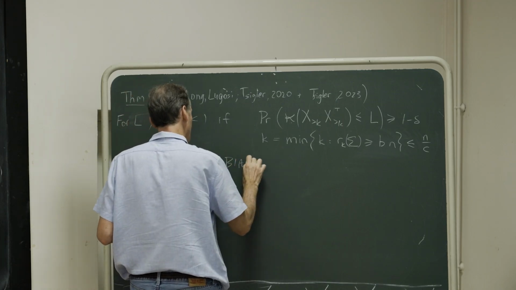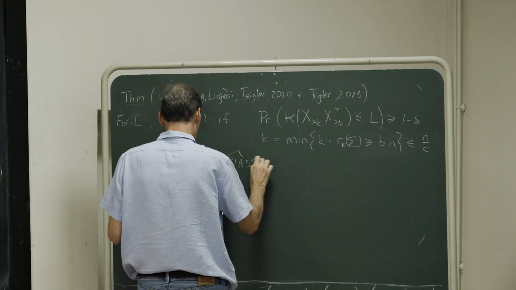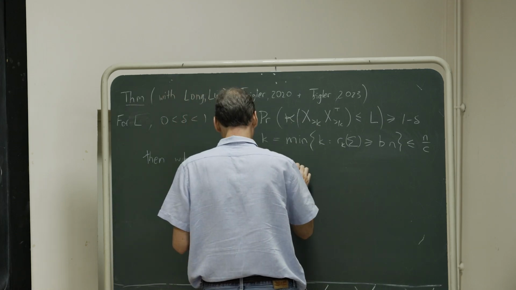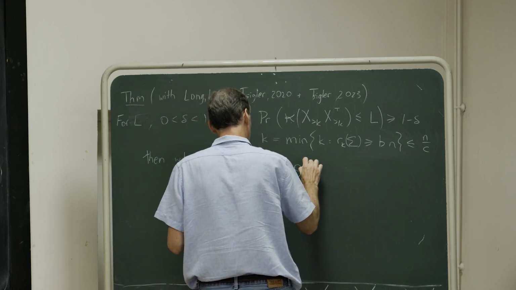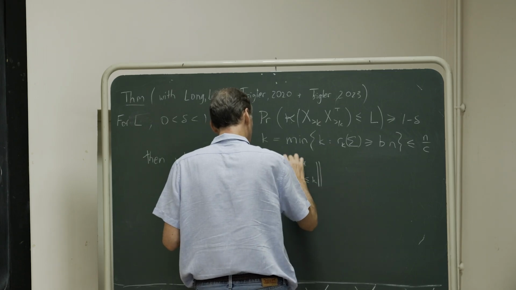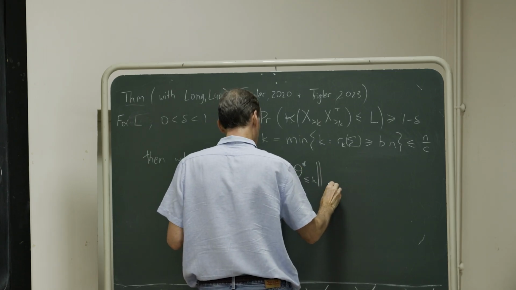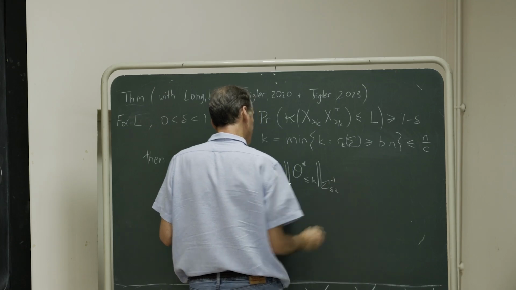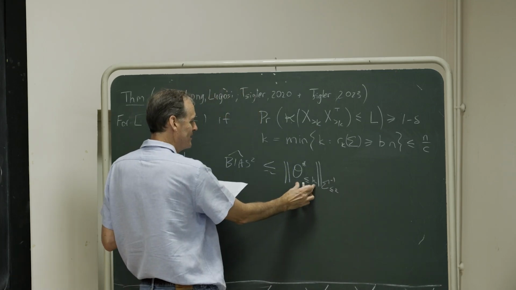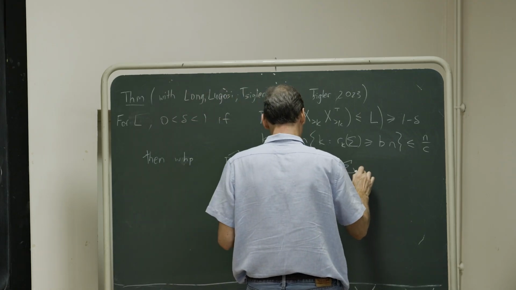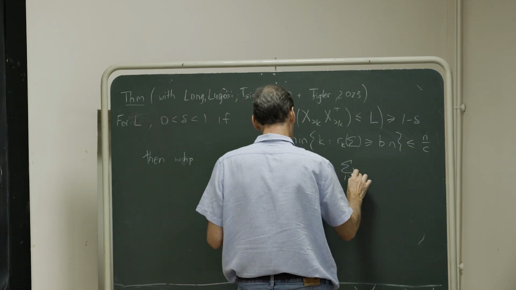The bias term over here is bounded by two pieces that just split into the smaller than k and the greater than k. And this is sigma to the minus 1 on the norm of the heavy piece times something involving the tail.